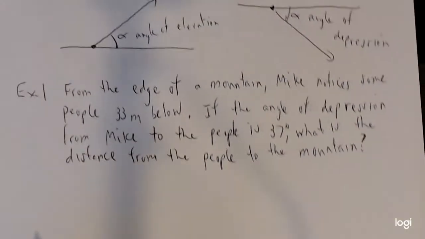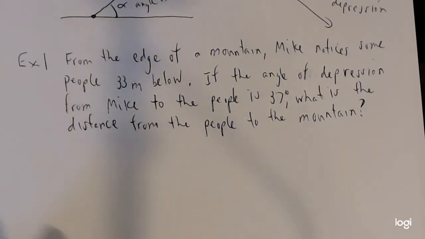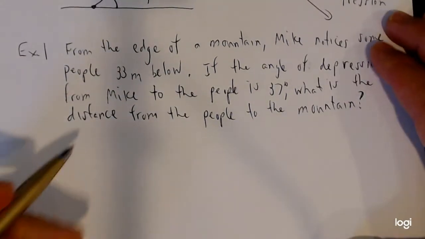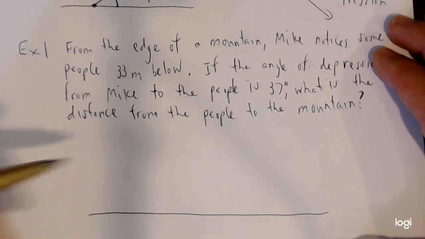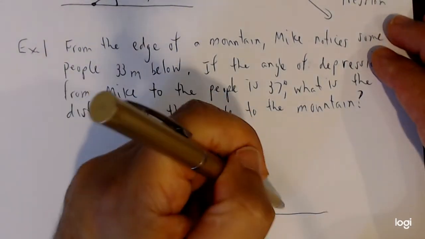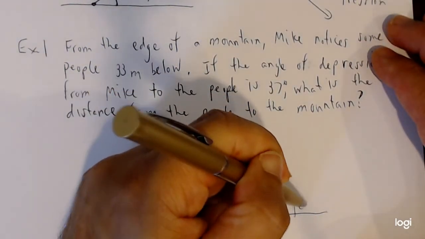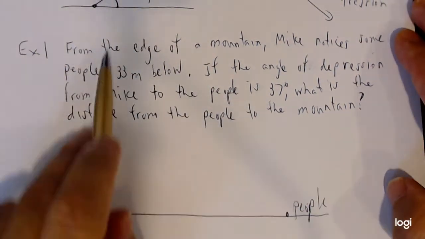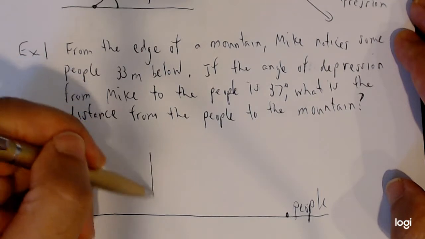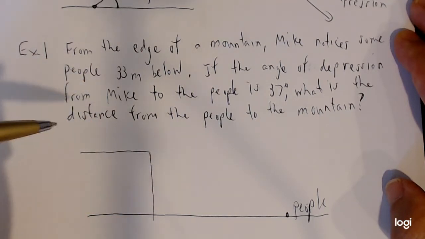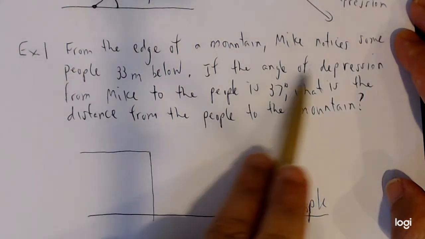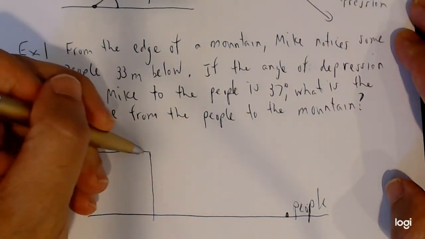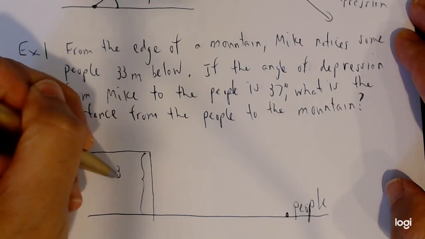For word problems, I think it's crucial that we can draw a fairly accurate picture. We'll say this is the ground, and the people are here. From the edge of a mountain, so let's call this the mountain. Mike notices some people 33 meters below, so that length is 33 meters.